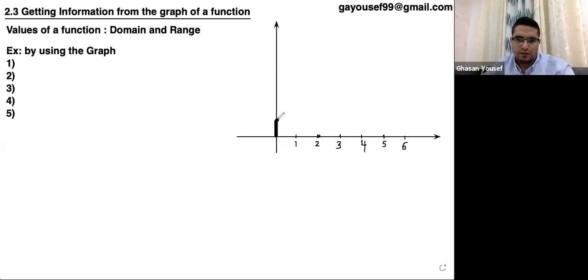So this is 5, this is 10, this is 15, this is 20, and here is 25, and 30.